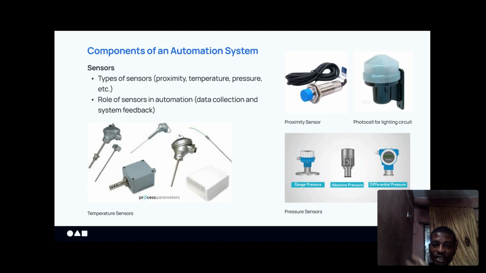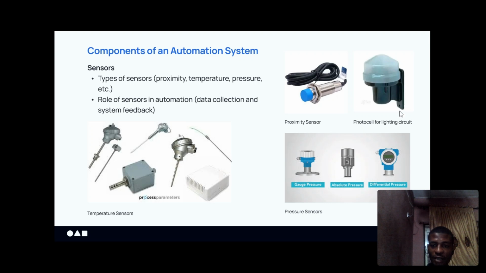When it senses the presence of an object that reduces the magnetic field it's emitting, it sends a signal to the controller, either to take an action or other things depending on the configuration. There are PNPs and there are NPNs. You can also say they are sinking and sourcing, but that's for a more advanced level of automation. But basically they are capacitive and inductive.